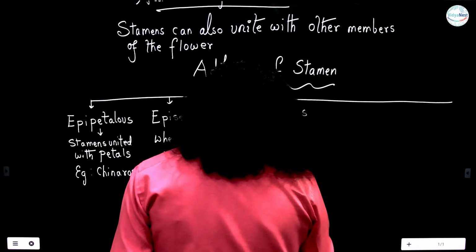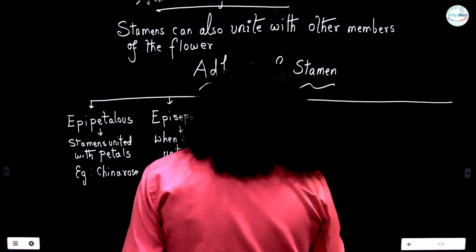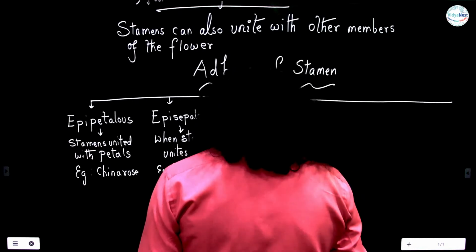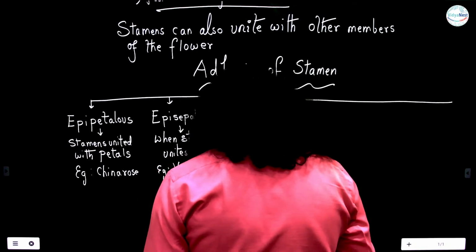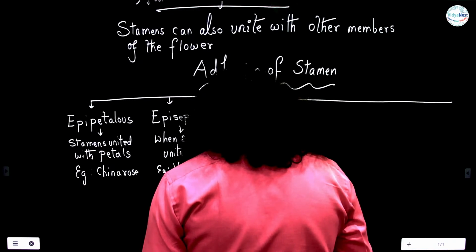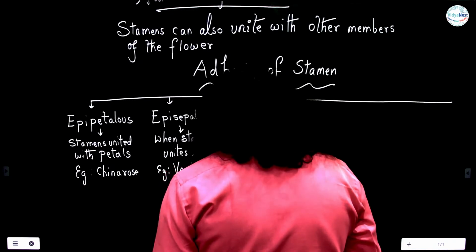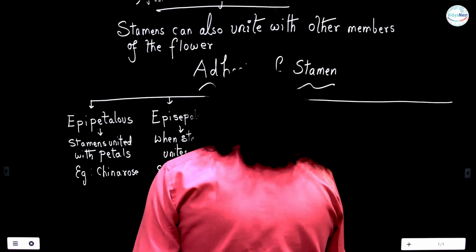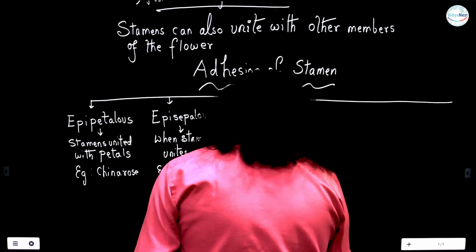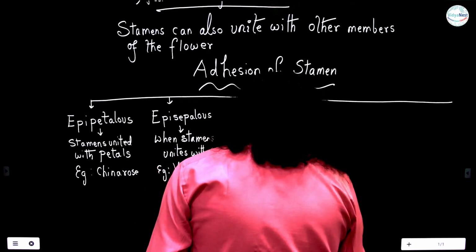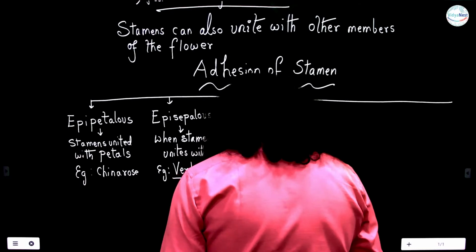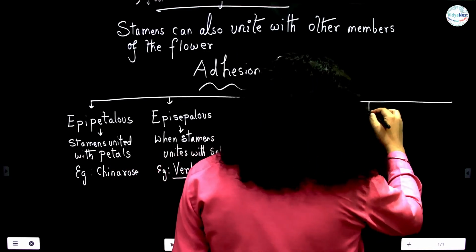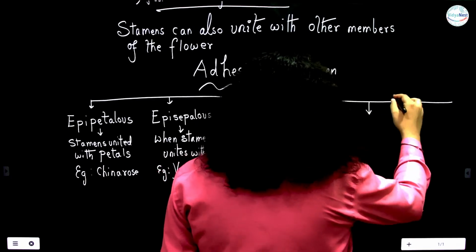That means when the stamens are united with perianth, it is known as epiphyllous condition. And this epiphyllous condition is common in members of Liliaceae family. Another condition where stamens are united with gynoecium, we can write that it is gynandrous.